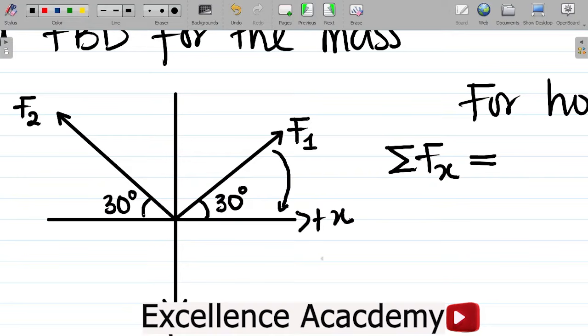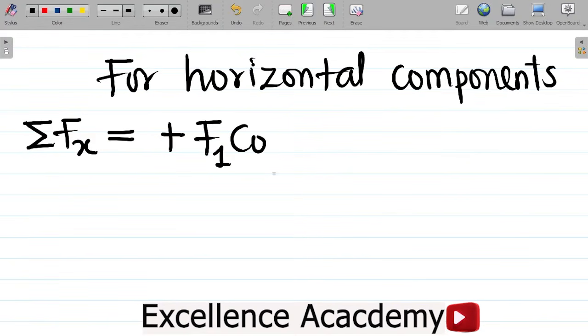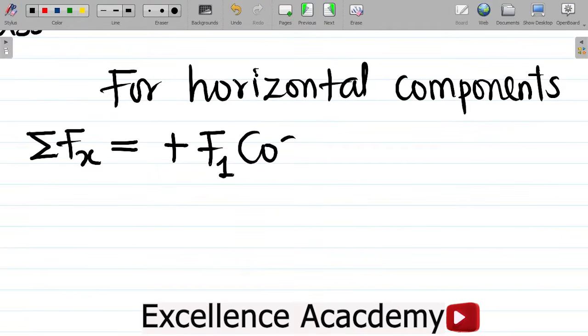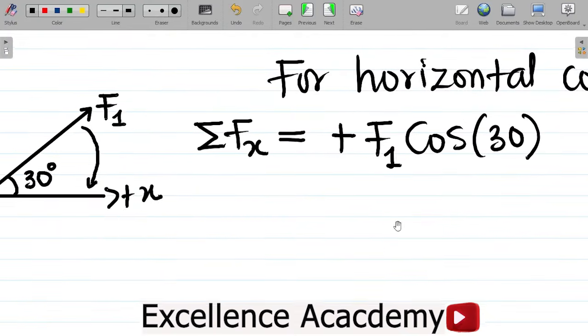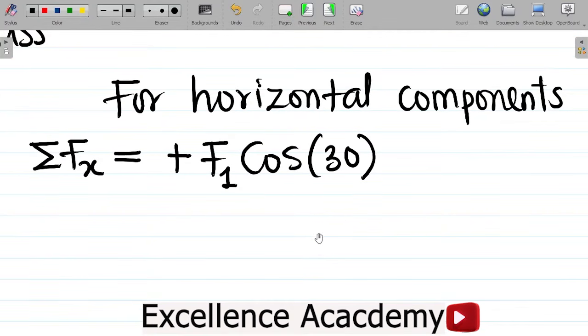This is the positive x region, so the sign is plus: plus F1 cosine of the angle, which is 30. I've explained why resolving a force horizontally gives cosine of the angle in a previous class on vectors. Please check out the previous class. I'll leave a link in the video description.